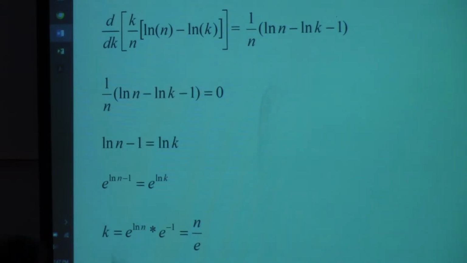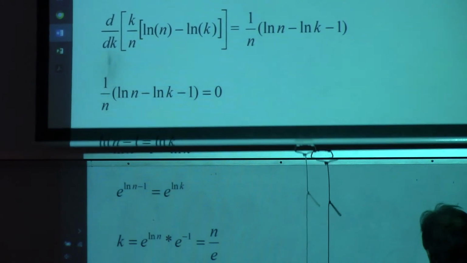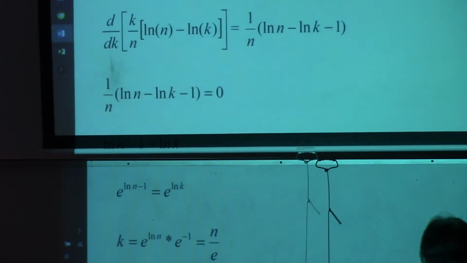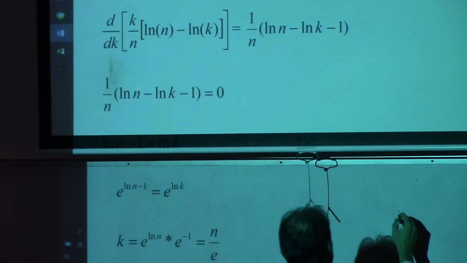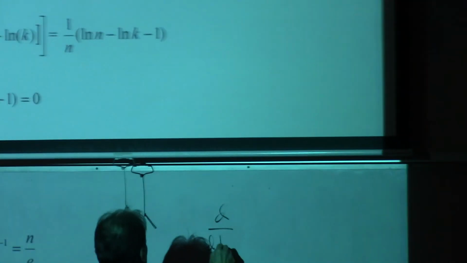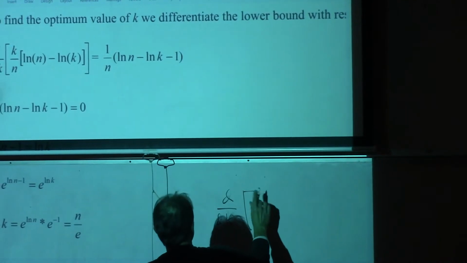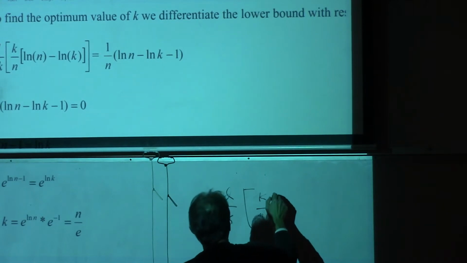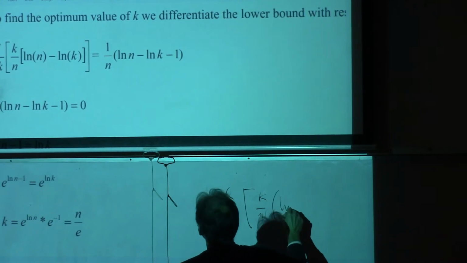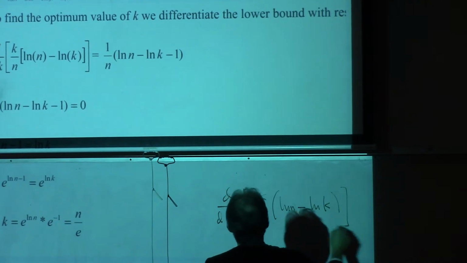Let's see if I can do it on the board. I think I have space for it. Okay. So I'll write the whole thing out here: e to k over n times natural log of n minus natural log of k.